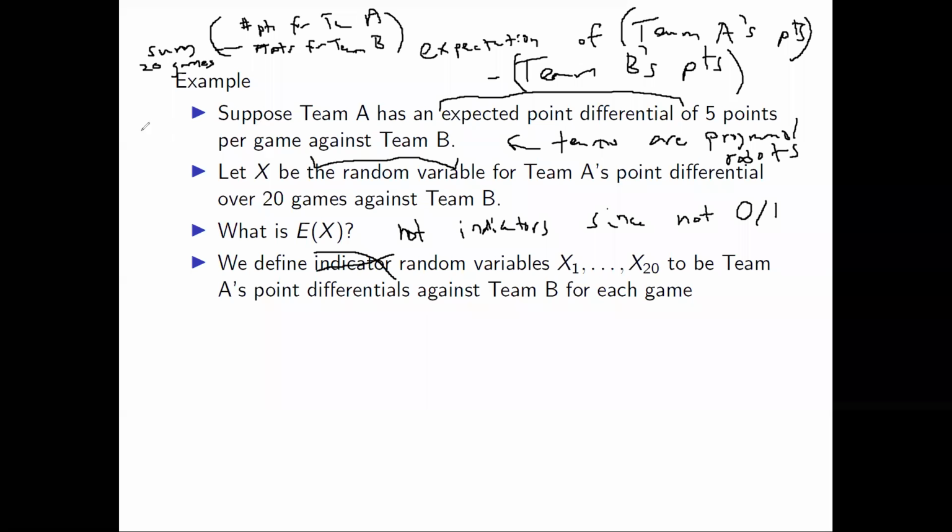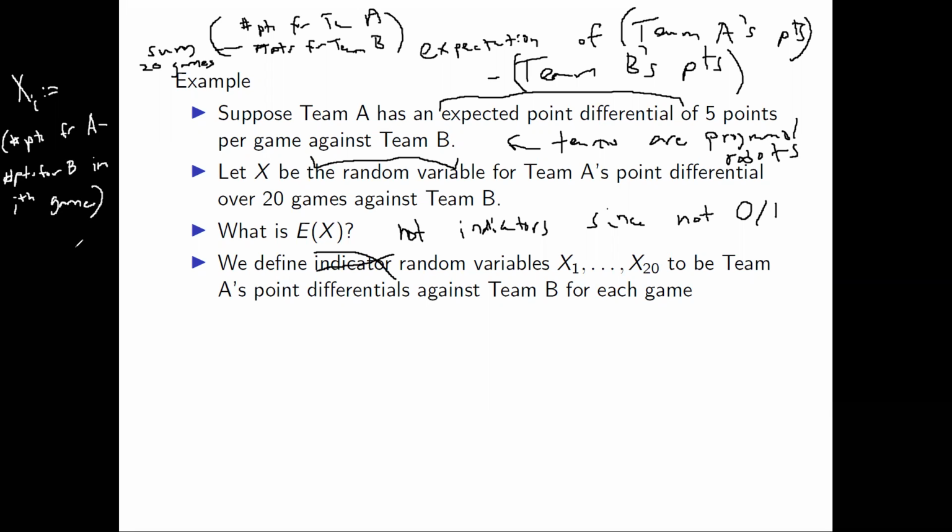So specifically, and I'll write this in the margin, we're going to say that xi is defined as the number of points for Team A minus the number of points for Team B in the ith game.